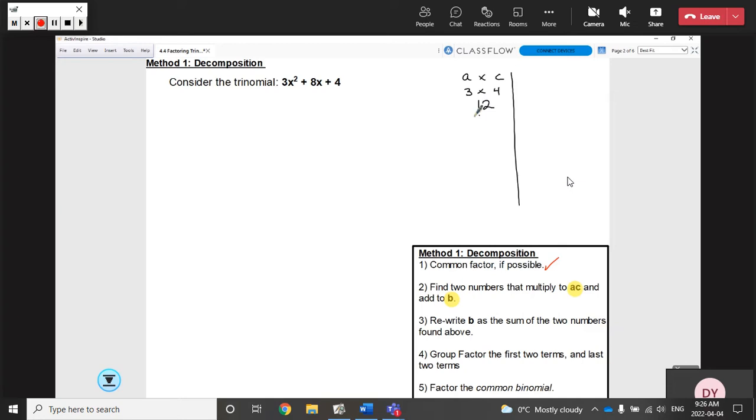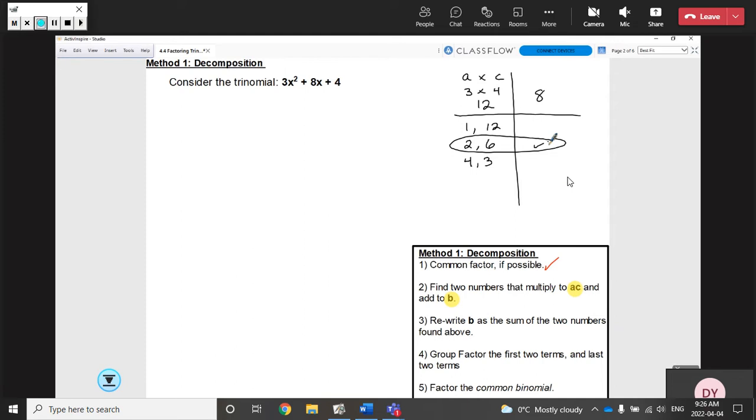So we're looking for numbers that multiply to 12 and add to 8. So I go ahead and I just say, okay, 1 and 12, 2 and 6, 3 and 4. Do we have a winner? Do any of these add to 8? Yes, this is the one here that adds to 8, the 2 and the 6. Okay?